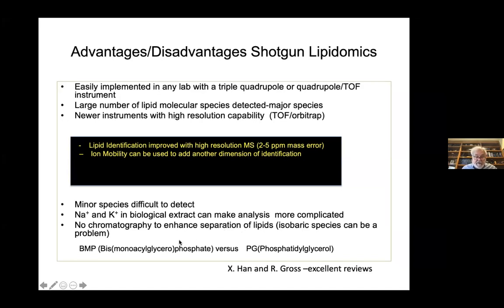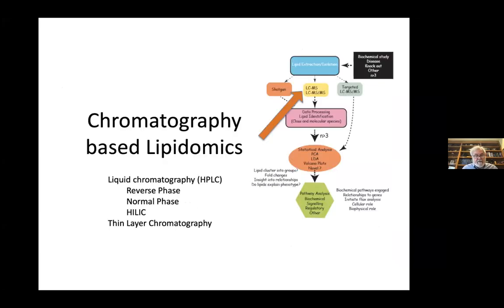Here I pointed out the problem with BMP versus phosphatidylglycerol. That was a problem that Sven also talked about, which he solves by using ion mobility. So the shotgun analysis is really fast and easy to implement, but it has some major difficulties, and I think Michael pointed out very clearly what some of the difficulties can be with shotgun analysis.